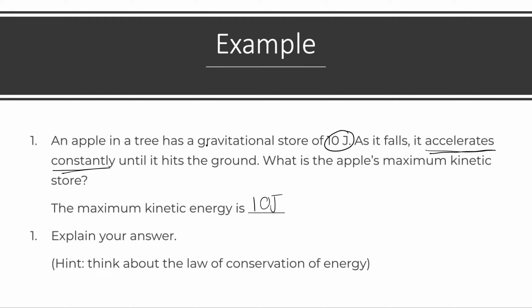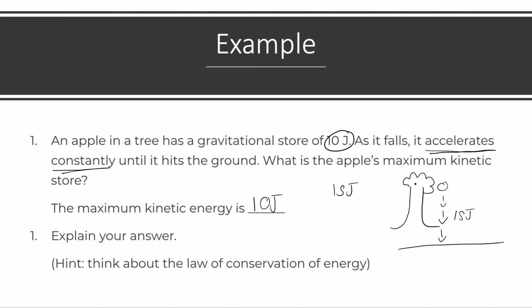So for example, if the gravitational store was maybe 15 joules, then let's imagine a tree over here and an apple falling from the tree to maybe the ground over here. It is falling at an exact speed of 15 joules.